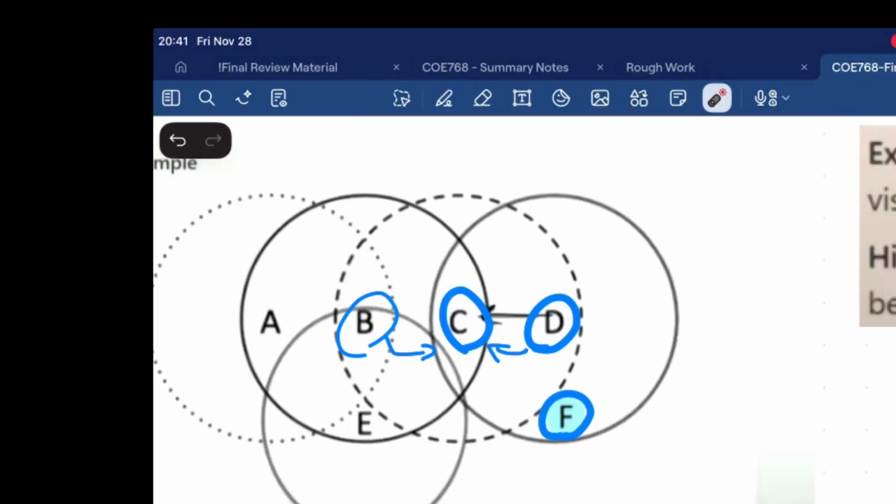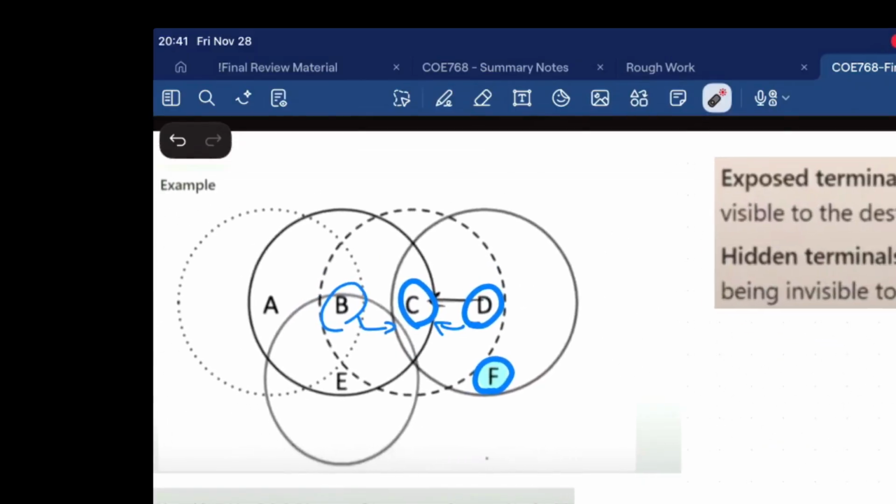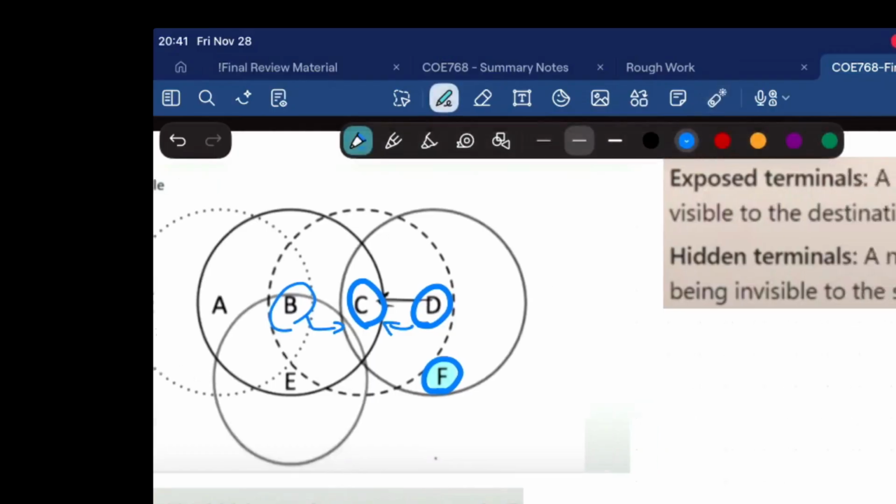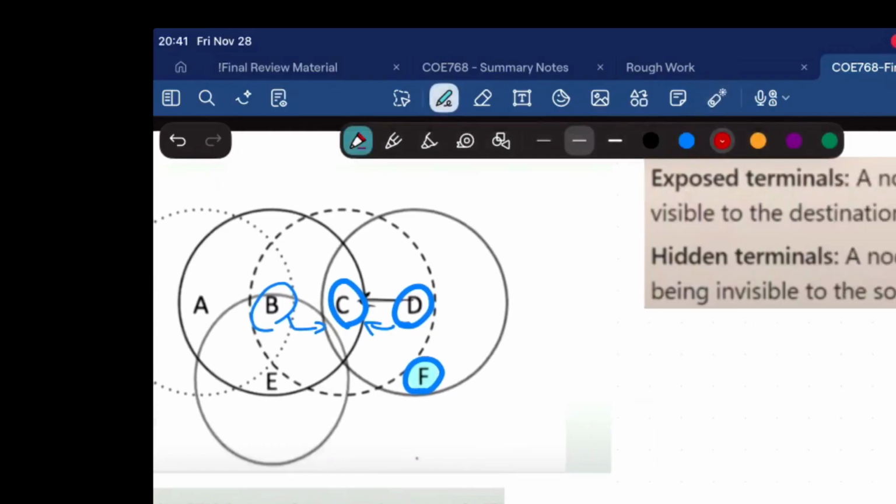And then there are some terms that I can quickly go through. There is something called RTS, CTS. Let's say D wants to transmit something within its area. It's going to send an RTS, which is known as a request to send.